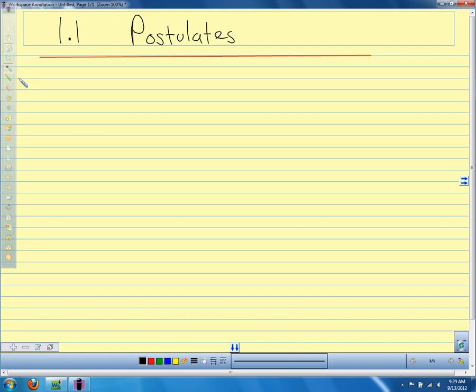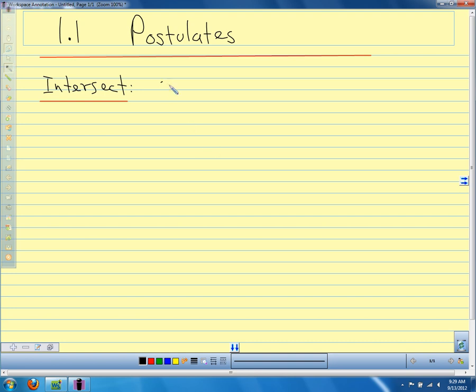So the first thing that we want to talk about is what we mean by intersect. When two figures intersect, that's going to be something that's important all year long in geometry. So what do we mean in our everyday language? What does intersect mean? What are we talking about? Cross. Okay, that's one word.